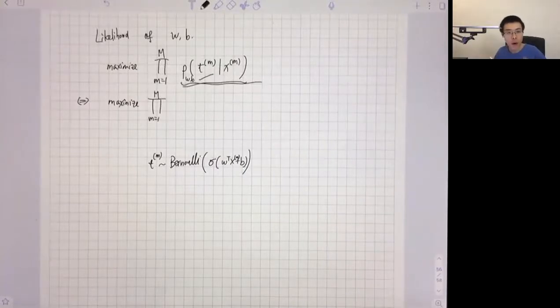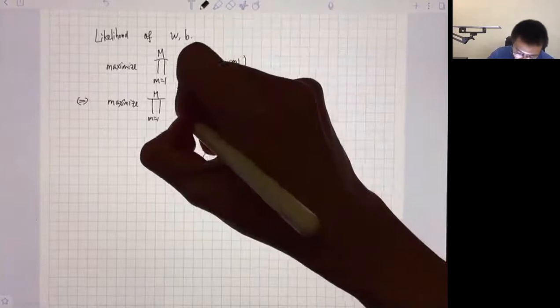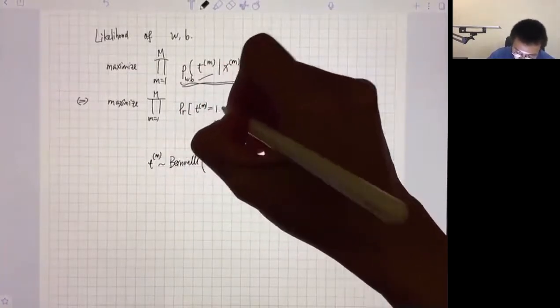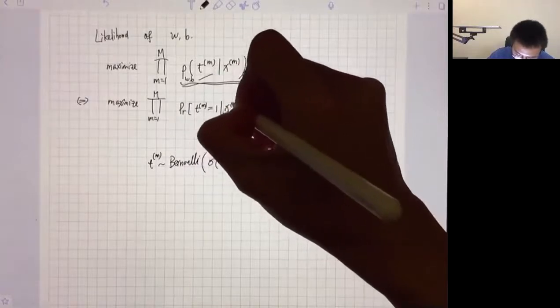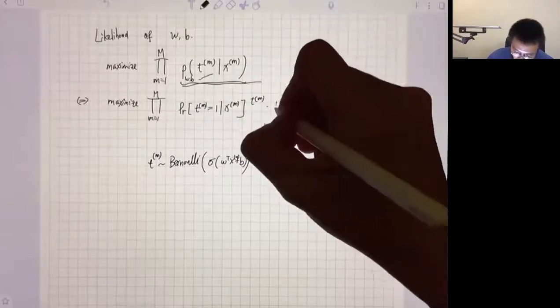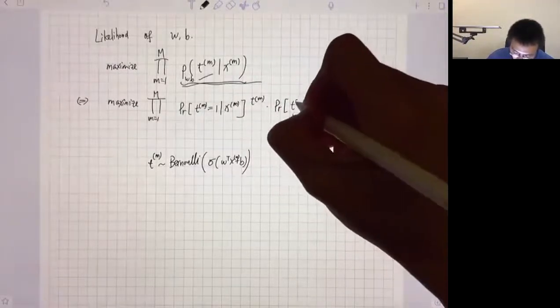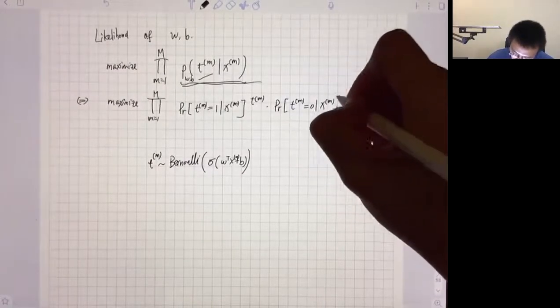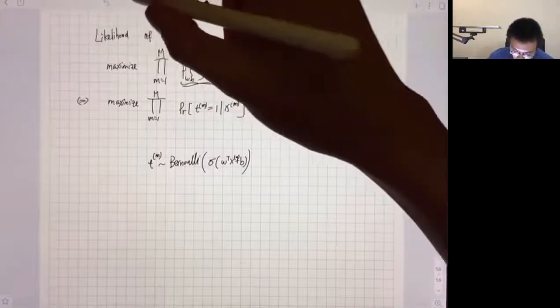If it's 1, then the likelihood is how you predict 1. If it's 0, then the likelihood of that sample is how you predict 0. So the probability is the predicted probability that tm is 1 given xm to the power of tm, times the predicted probability that tm is 0 given xm to the power of 1 minus tm.